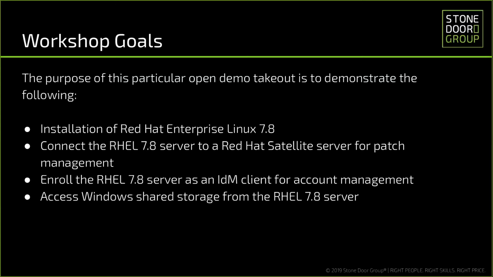We're going to be doing some basic configuration with Red Hat Satellite just to establish a baseline so that other Red Hat servers can register as clients to the Red Hat Satellite server.